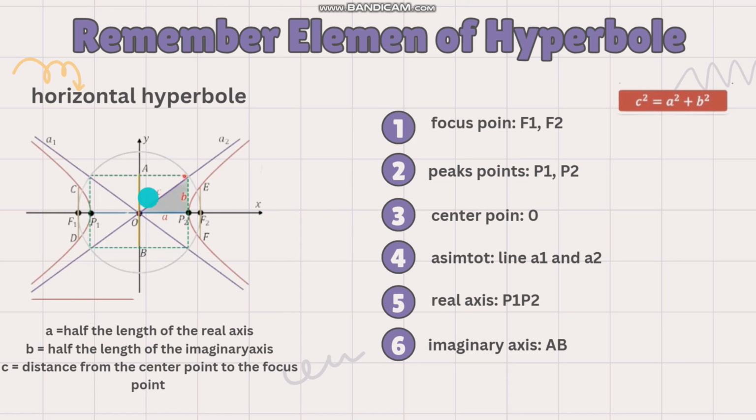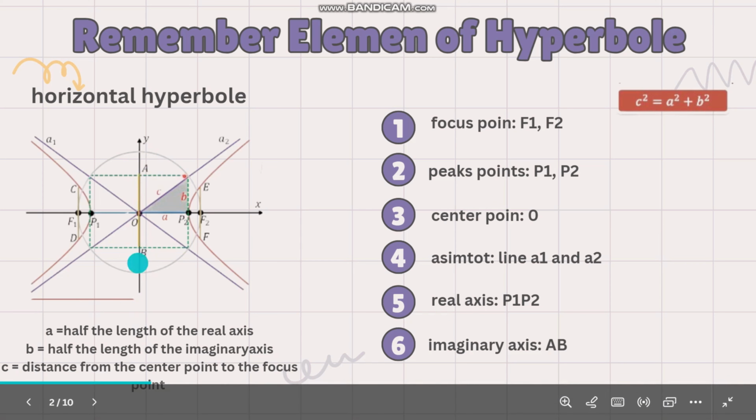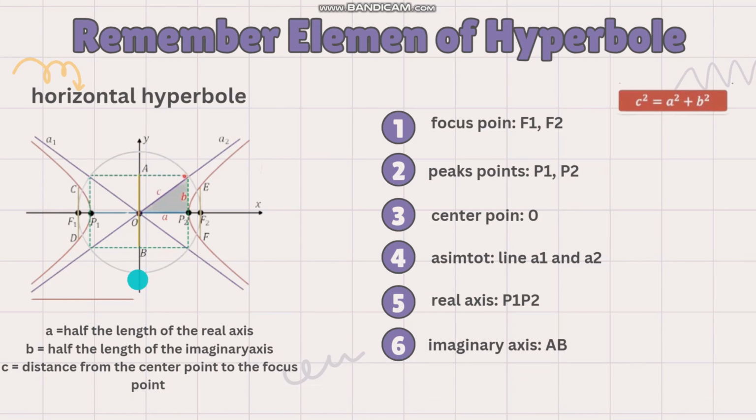Next is the imaginary axis. It is the line that connects point A to point B, so it's called the imaginary axis. The imaginary axis is part of the y-axis. The other elements of the horizontal hyperbola are small a, which is half the length of the real axis.